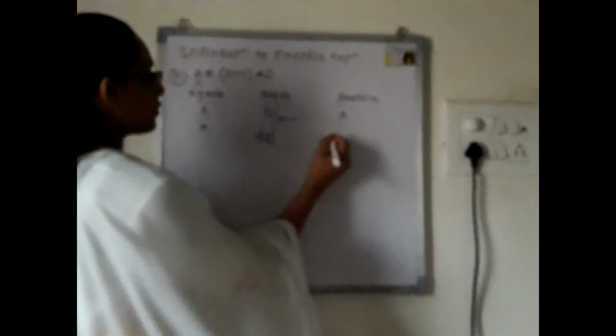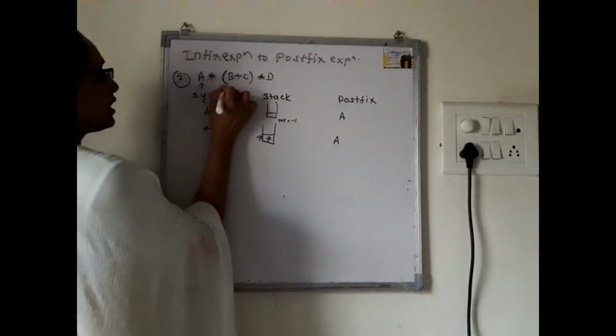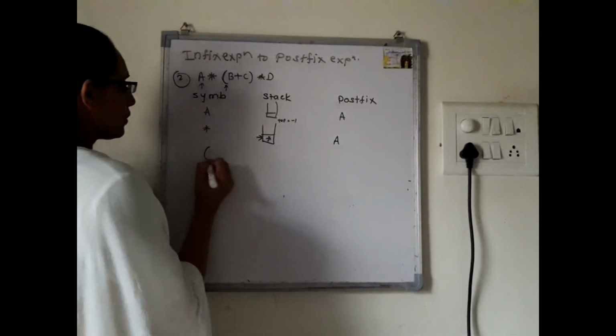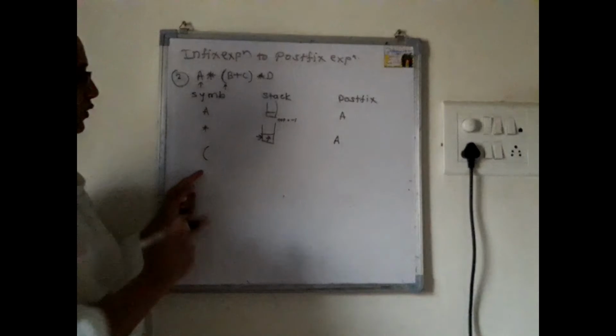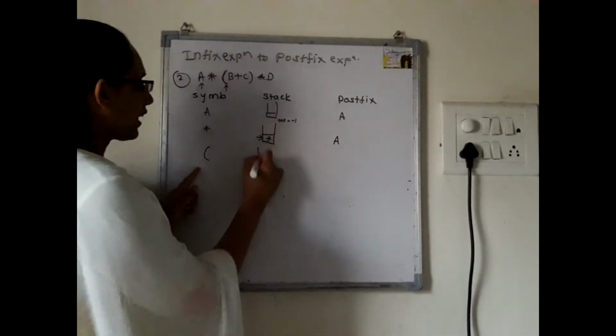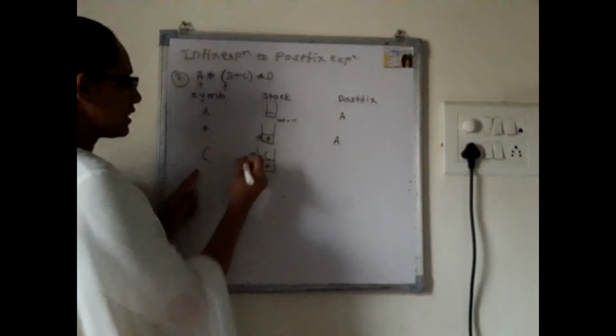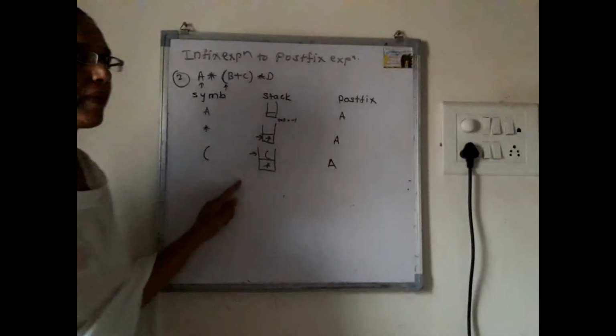This is our top element, and the postfix expression contains operand A. Then the next symbol is an opening bracket, so we will push it into the stack. After star there is the opening bracket. This is our top symbol, and the postfix expression contains operand A.